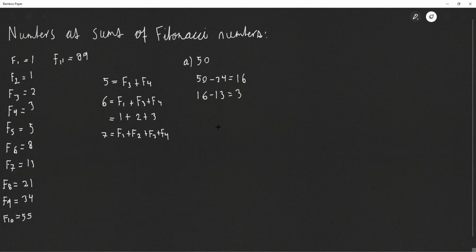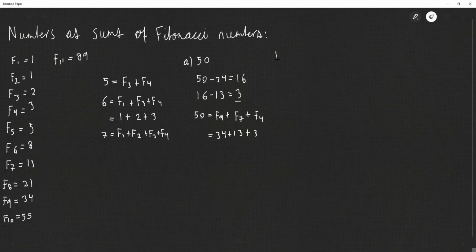And now, if you notice, number 3 is just our fourth Fibonacci number, meaning that we could set our 50 equal to our first number, which was the 34, being F9, plus 13, which is our F7, and then finally our value of 3, which is our F4. And this, again, we could show is equal to 34 plus 13 plus 3.